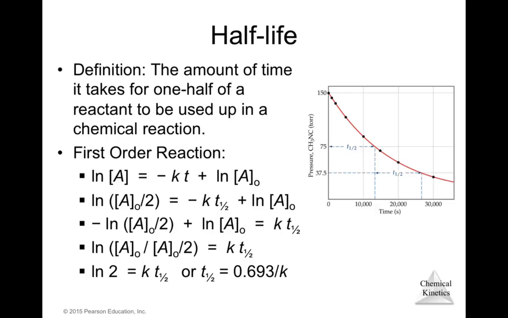If my rate constant is small, then the half-life is going to be large. If my rate constant is large, then my half-life is going to be small. So for the first order reaction, the half-life depends only on the rate constant.